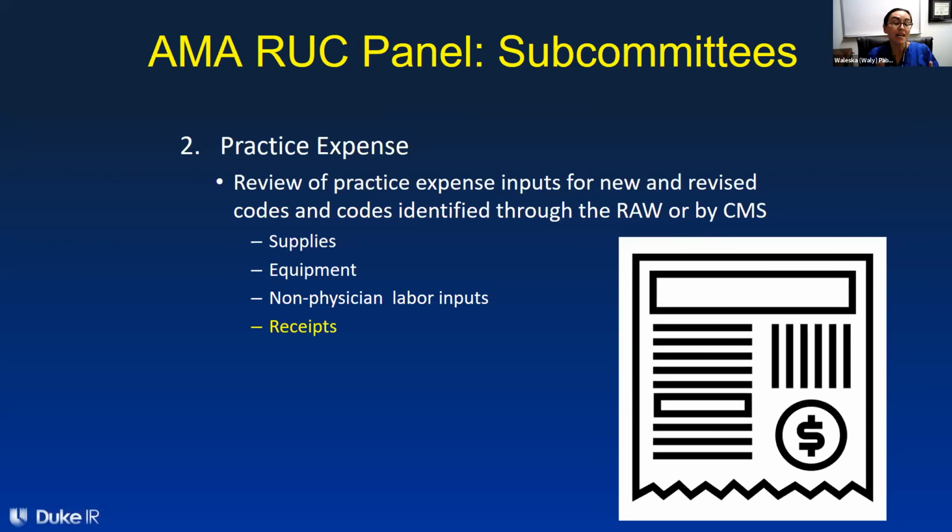That committee needs receipts a lot of the time, equipment receipts, to appropriately value a procedure. Every little supply gets accounted for in this process: the number of Tegaderms that you use, the number of CaviWipes that you use to clean the angio table. Every little thing gets accounted for through practice expense.